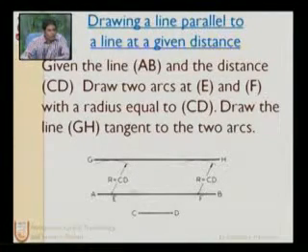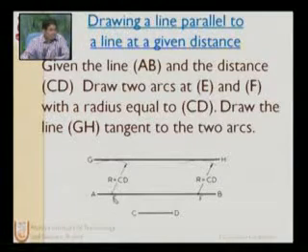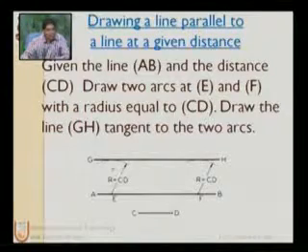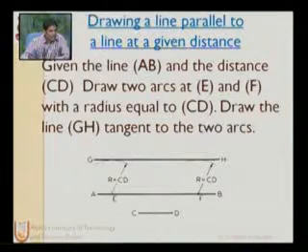First draw the line AB and distance CD. First step, take a compass and place the tip on point E and draw an arc with the distance CD, for example 20 mm.